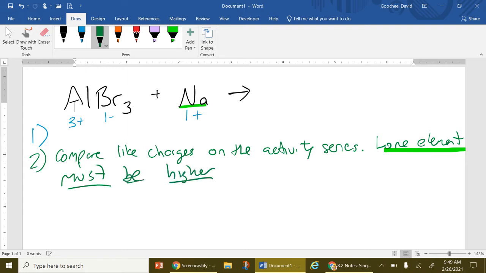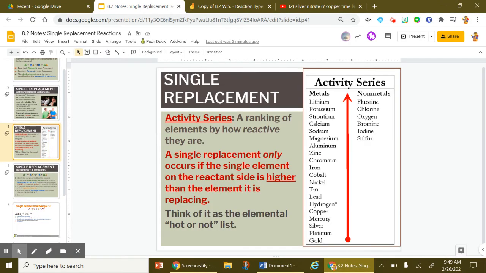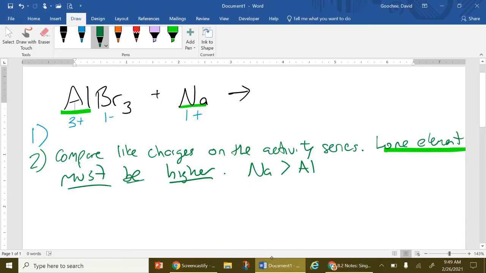So let's compare sodium and aluminum. This reaction only occurs if sodium is higher on the activity series than aluminum. So let's take a look at the activity series. Is sodium higher than aluminum? Sodium is right here, and aluminum is down here. So yes, sodium is higher than aluminum.